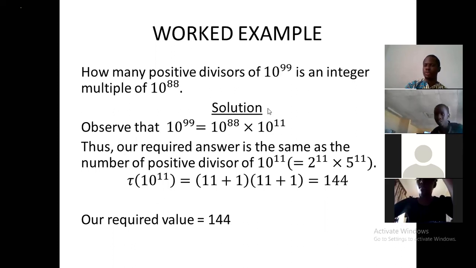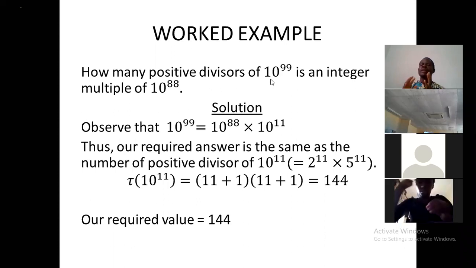And when each of these factors is multiplied by 10^88, the constraint of the question is satisfied. Don't forget the constraint of the question is that the divisors we're interested in, number one, must be divisors of 10^99.